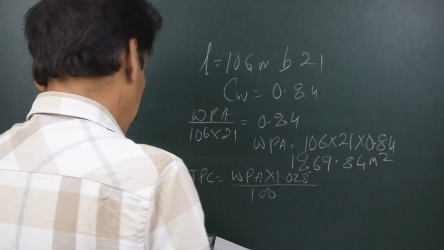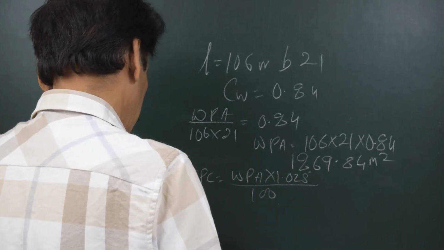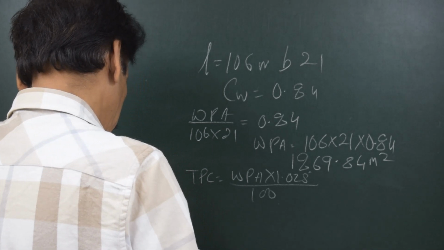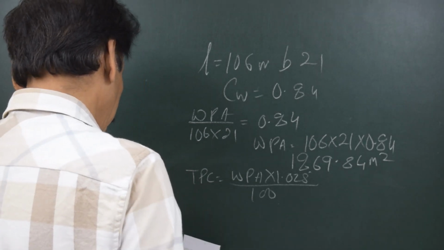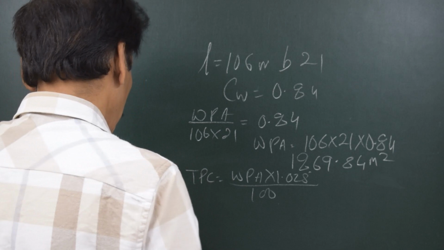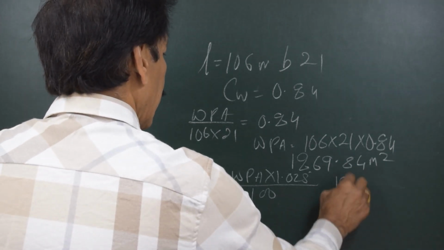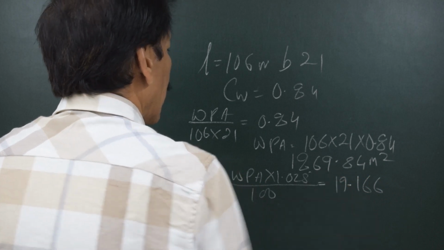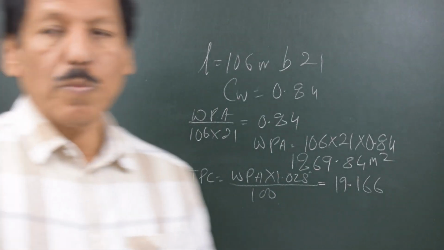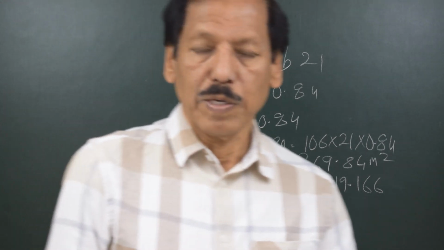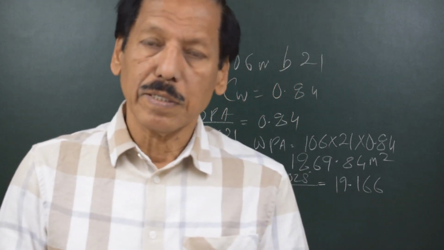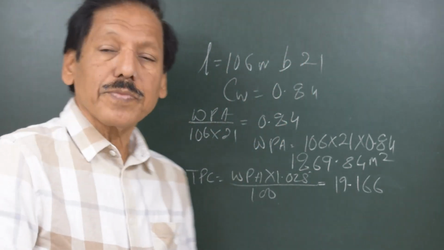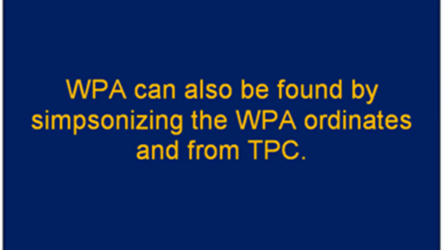So it should be 18.6984 into 1.025, which gives me 19.166. So this is a simple numerical to understand the relationship between the water plane coefficient, the length and breadth of the vessel, and TPC. We can find out the TPC once we know the water plane area.